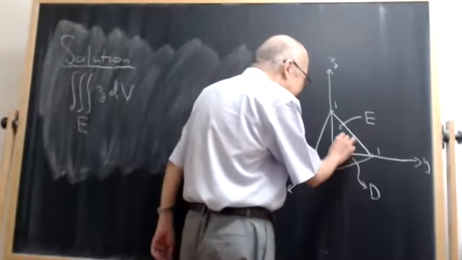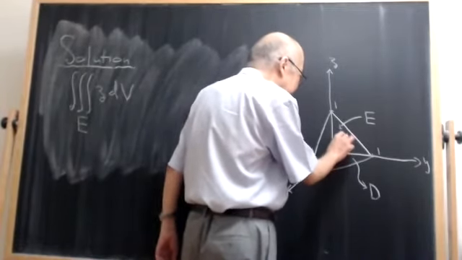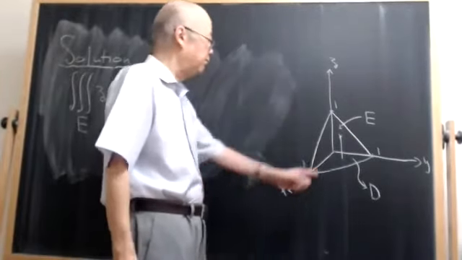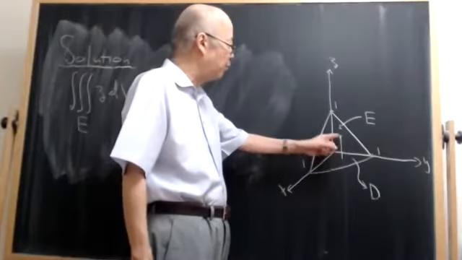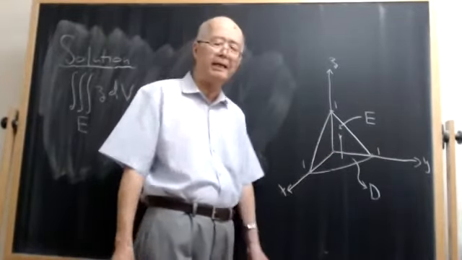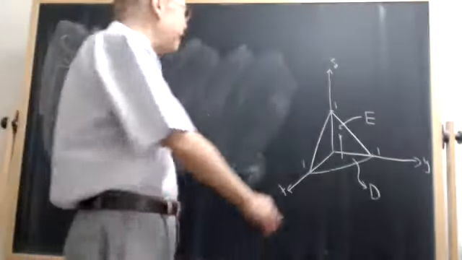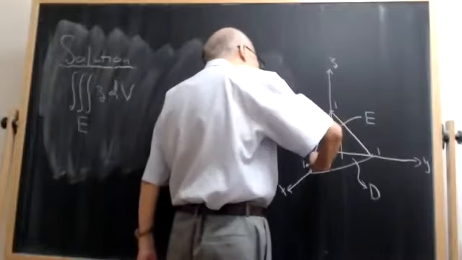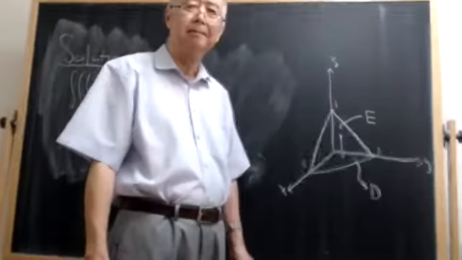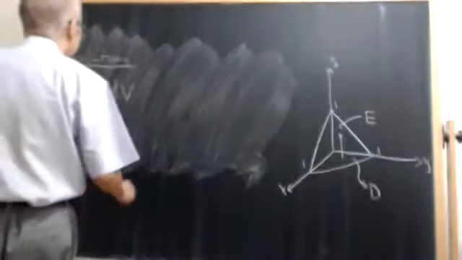Then you go up to this point. So from this point, you go up to this point, and this upper point here is on the triangle. So you can think of this triangle as the upper surface. Correct? All right.